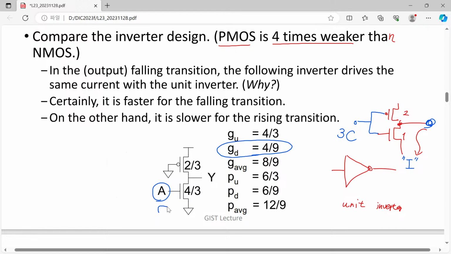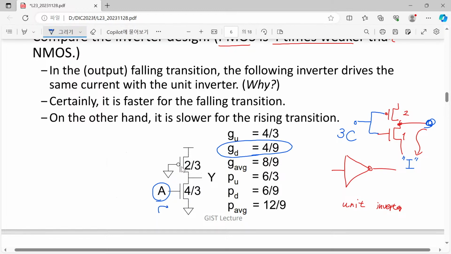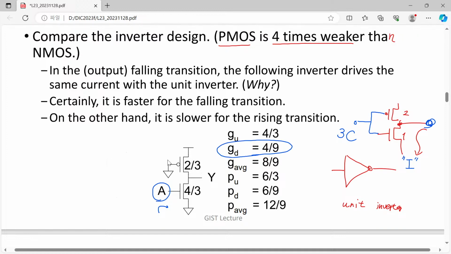Seen from A node, this P MOSFET doesn't play any role because it is not connected to A. So what we can see from this A node is just 4/3 of C.